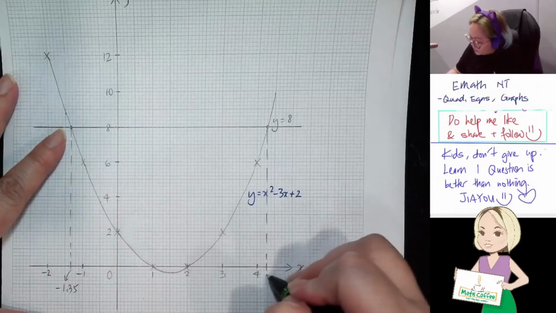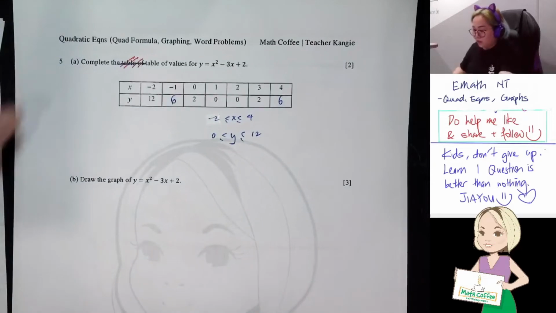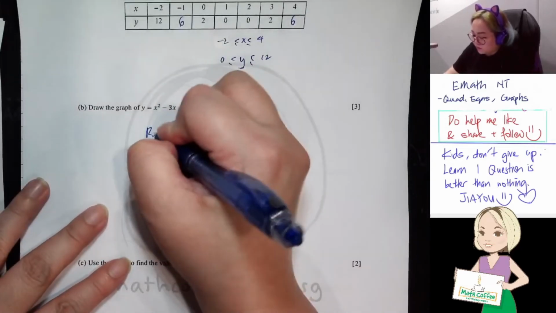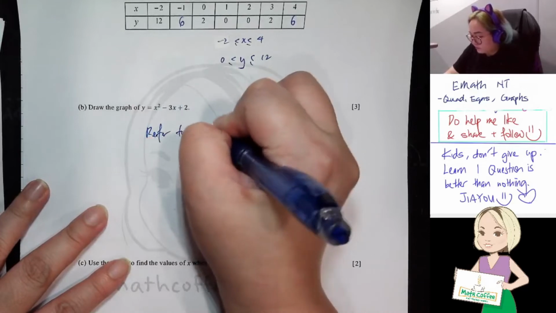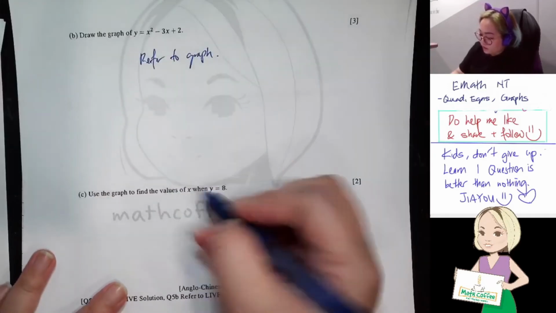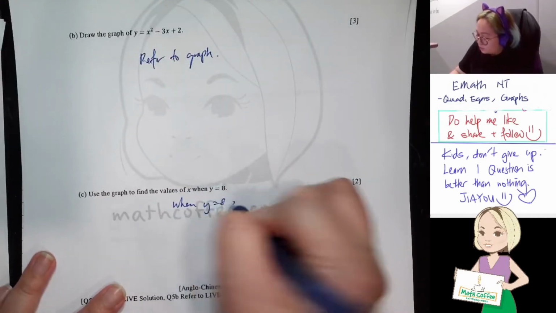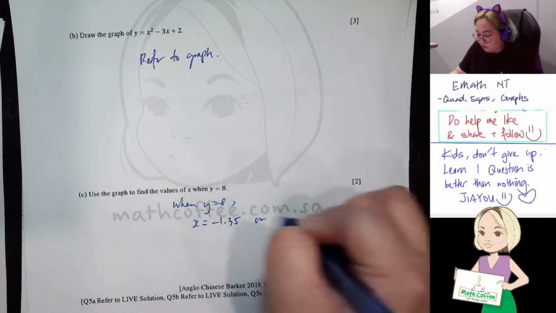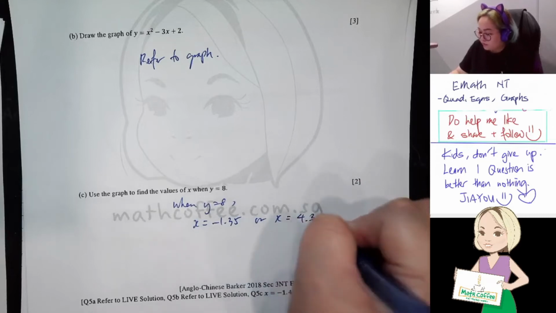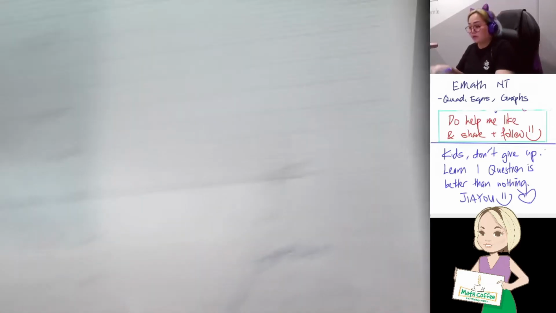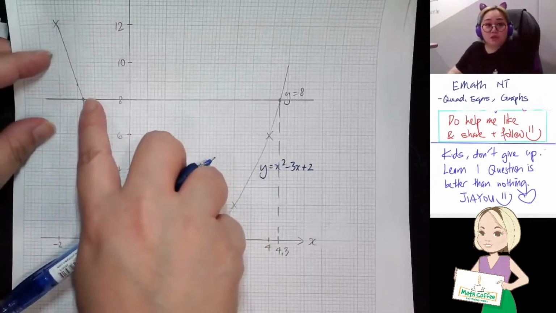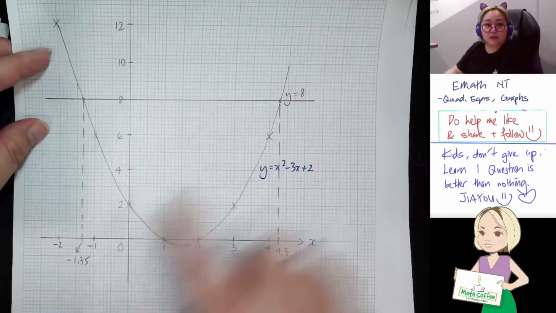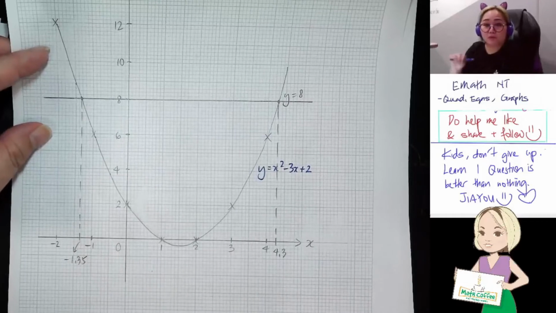For my case, mine is 4.3. So come down to here, this one I will say refer to graph. Use the graph to find the value of x. So I will say, when y equals 8, x equals negative 1.35 or x equals 4.3. These two values are taken from the graph, and you must make sure that you draw the horizontal line and then draw the dotted line down, because you are supposed to prove that you get the values from the graph.